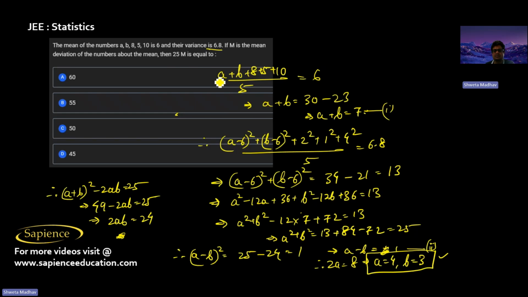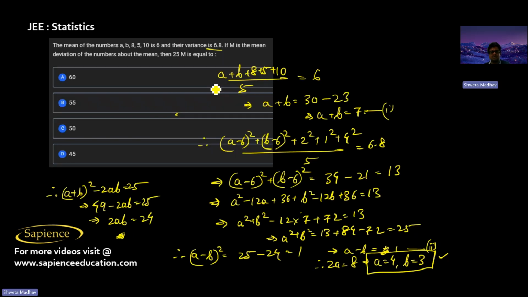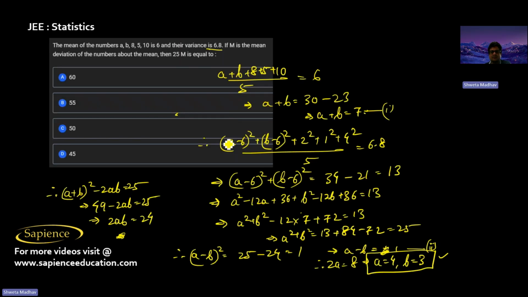And so mean deviation about the mean will be equal to summation of mod of xi minus x bar divided by 5, since here there are 5 numbers. So x bar is 6. Now here, what formula have we used to find the variance?